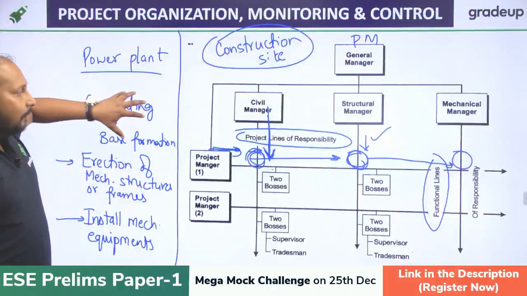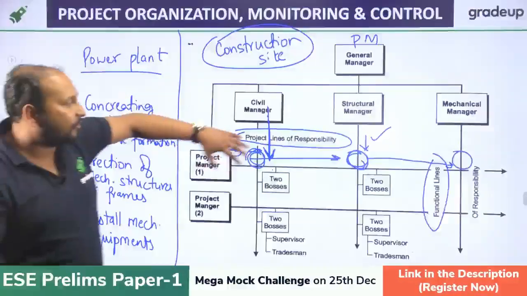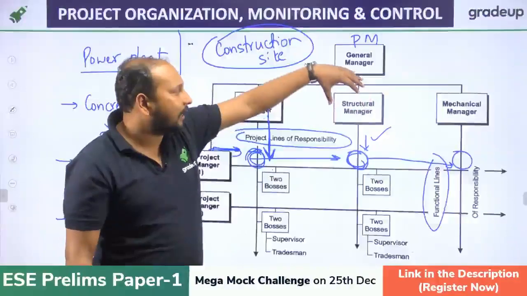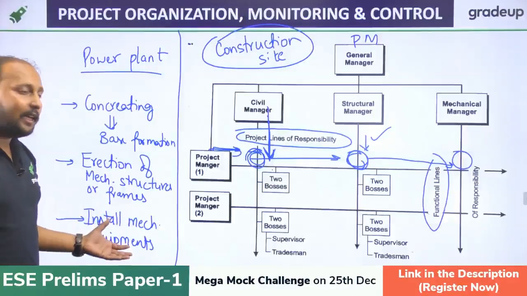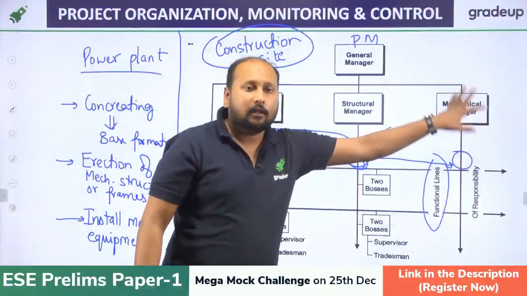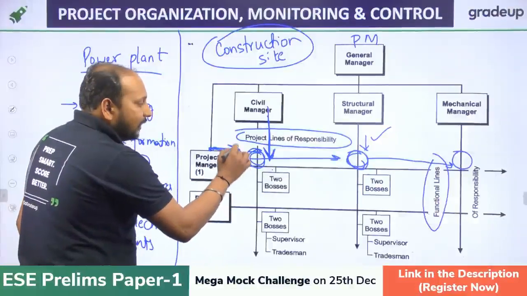So the concreting part will be managed by the civil manager. The erection of the different steel structures will be dealt with by the structural manager, and the installation of the mechanical components will be dealt with by the mechanical manager. But as a whole, everything needs to be accomplished in a proper manner.